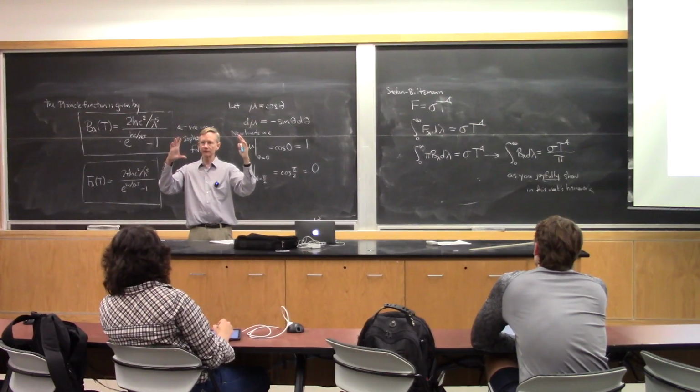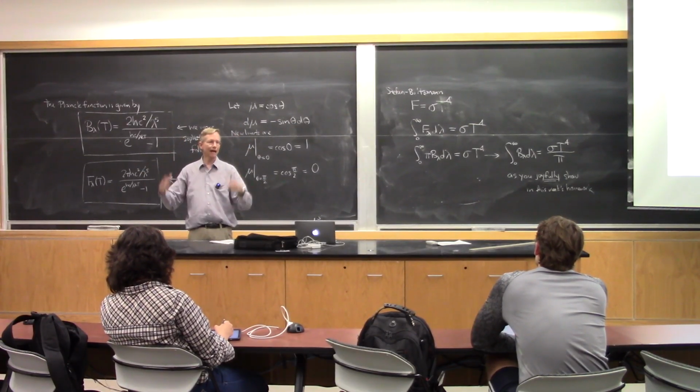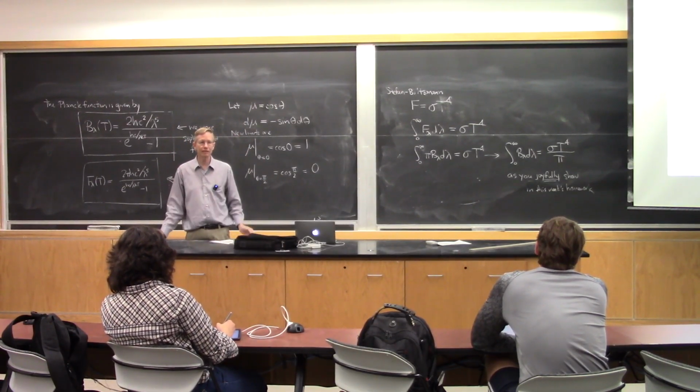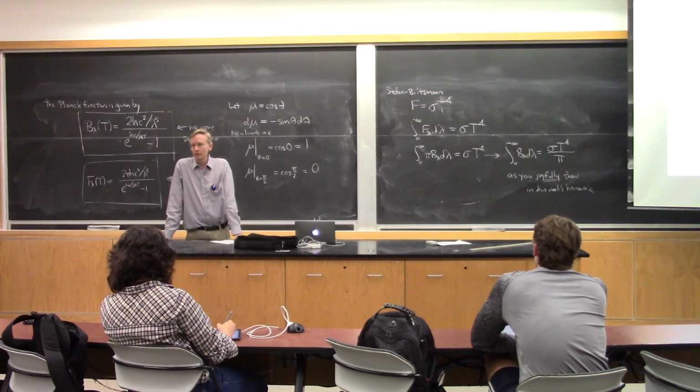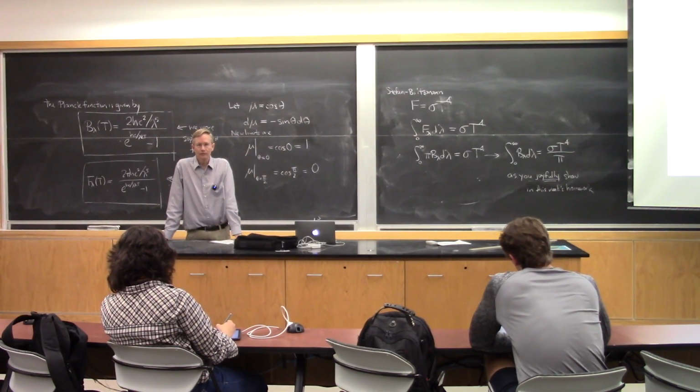Here's the theoretical value of sigma. It's this combination of constants. And if I plug in all the numbers, it should agree closely with the measured value of sigma, which is 5.67 something times 10 to the minus 8 watts per square meter per Kelvin to the 4th power.